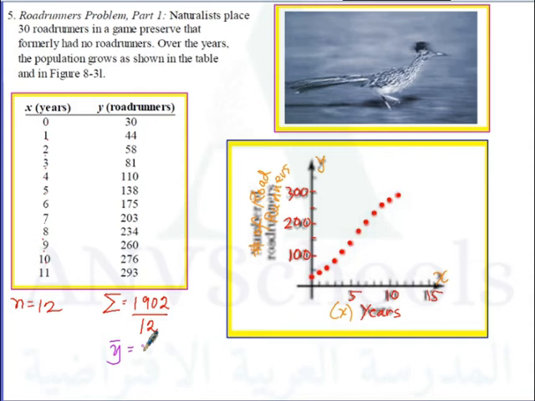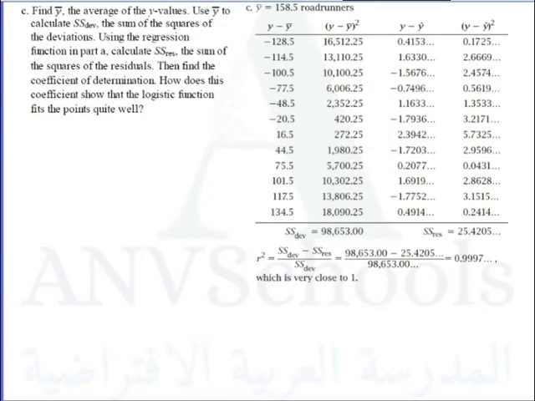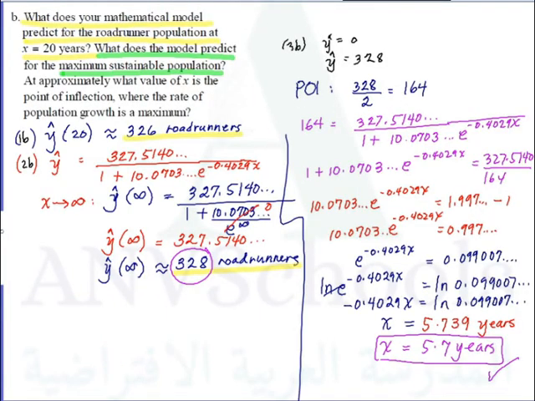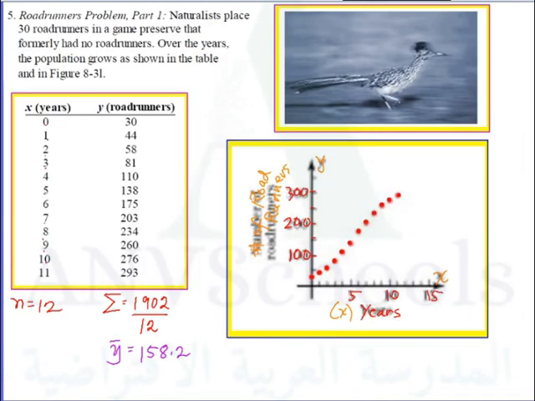1902 divided by 12. That will give us 158.2. Now let's see if the mean matches what we got. So 158.5, and in here we got 158.2. Maybe there's something wrong. So we're going to do it again. We have 1902 divided by 12.